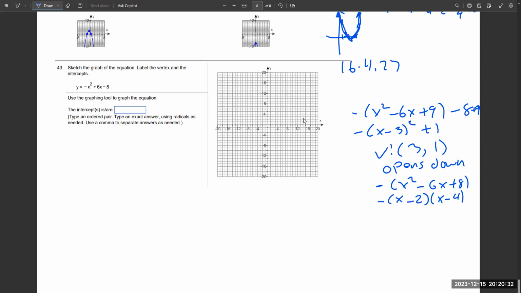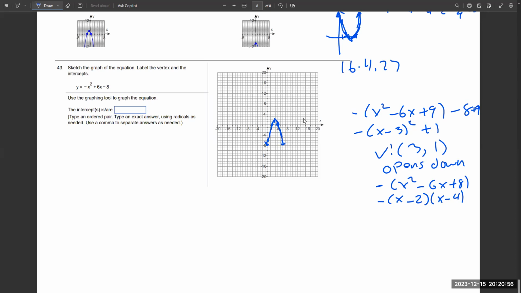So we have intercepts at 2, 0, 4, 0, axis at x equals 3, vertex 3, 1. Oh my goodness, everything's real close together there. And then negative 8 on my y-axis there.